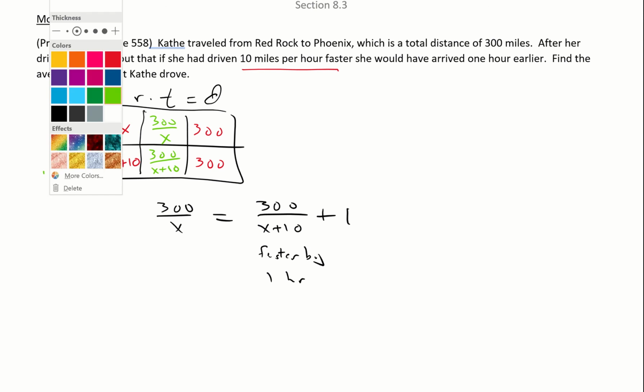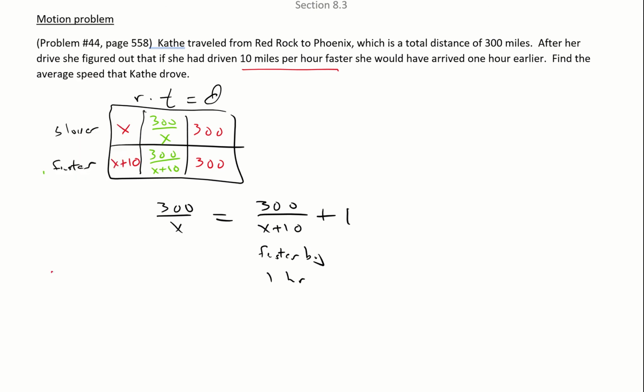What we do next is we do the usual, let's clear fractions on both sides. So we're going to multiply each of these by, look at the denominators, x times x plus 10 on both sides. And don't forget this 1 is just over 1.